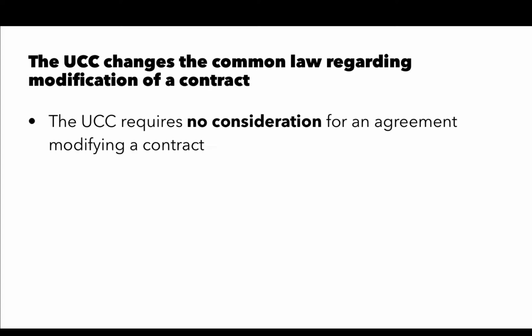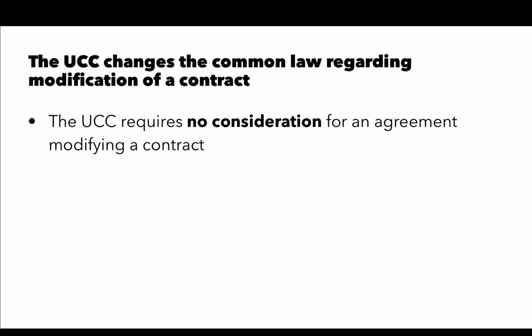Well, under the common law, for an agreement to modify a contract, there would have to be additional consideration paid. The parties would have to pay in order to modify the contract. The UCC requires no consideration for an agreement that modifies a contract.